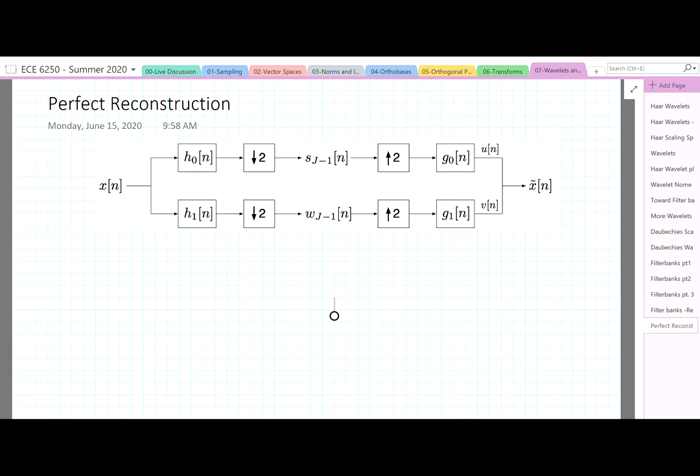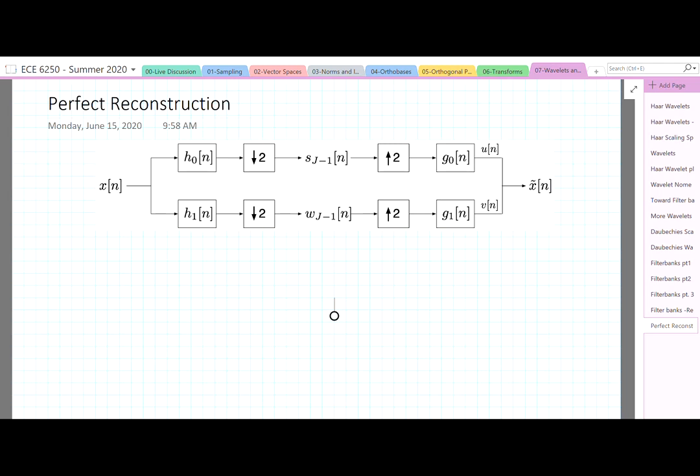And then, using those coefficients, we can get back to the scaling coefficients at our finest resolution, which is equivalent in this case to a signal x of n we're talking about. So that worked for Haar wavelets, and we went through the math, and it just came out nicely.